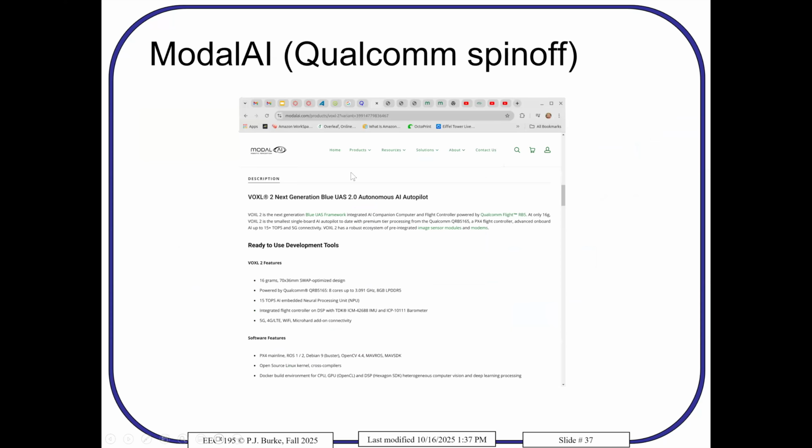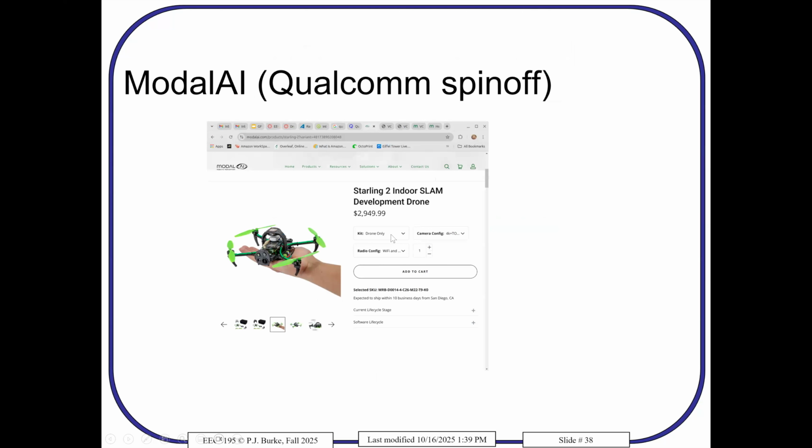So they've just released it, 16 grams, 8 core, and it's very expensive in prototype version. But they used my design. It's a 2-cell lithium battery that's around 250 grams with 4-inch props. So your design is a very good design for prototyping. And it has about half-hour flight times.